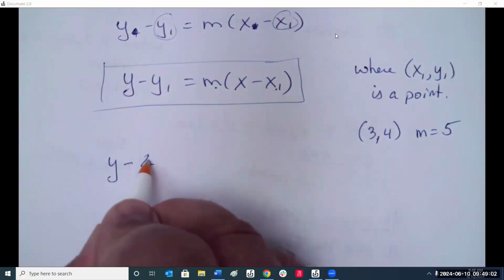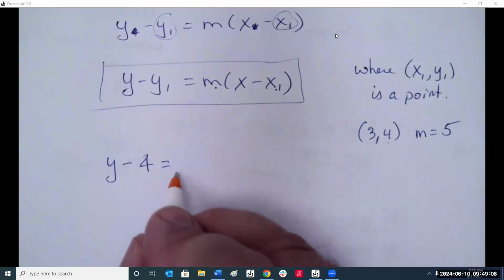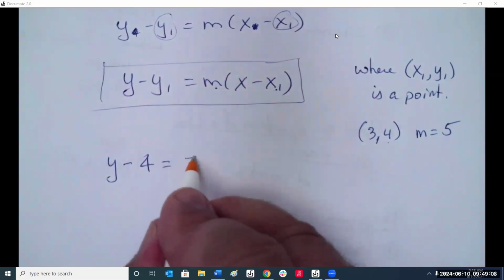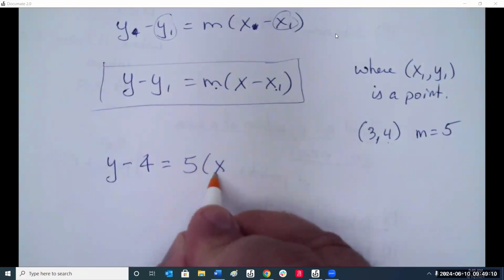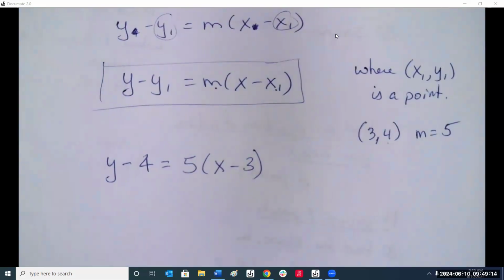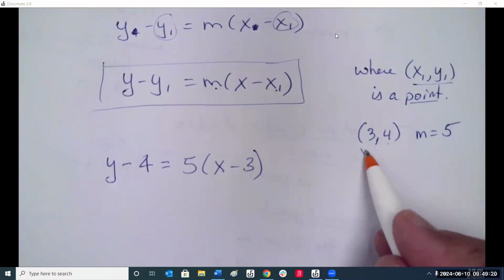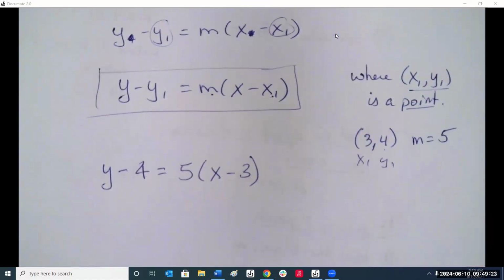Y minus 4, because that's the y value. What's our slope? 5. X minus, what's our x value? As I said, the x1, y1 is a point. There's your point. So this is x1, that's y1. Just plug them in there.